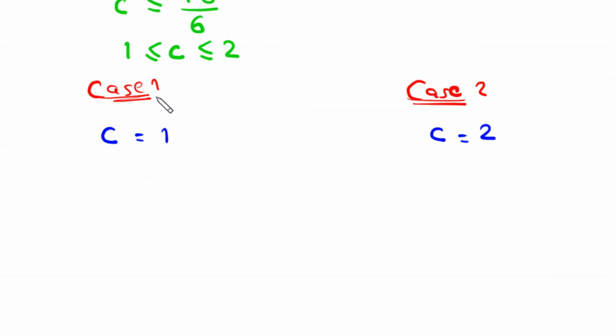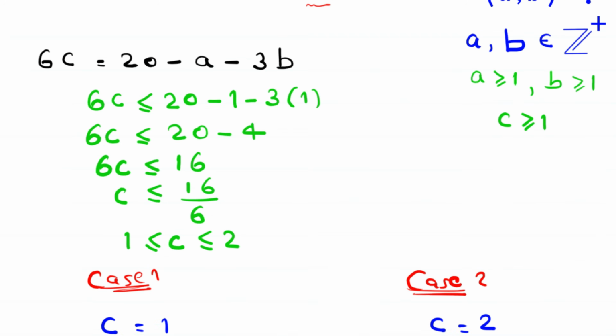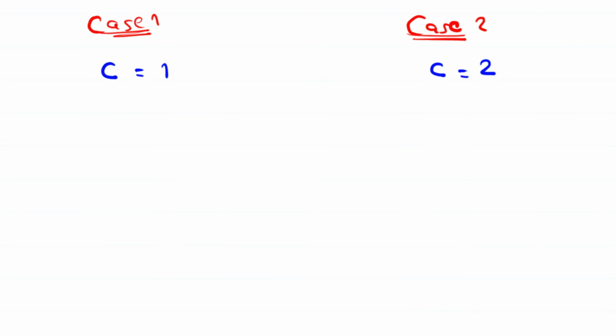First we solve case 1, so we recall the original equation. The original equation is a plus 3 times b plus 6 times c equal to 20.